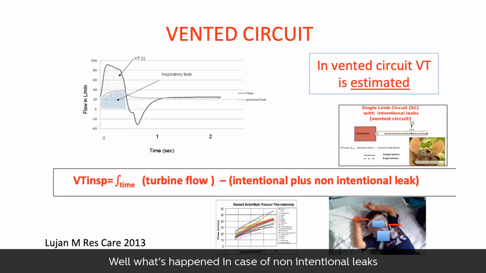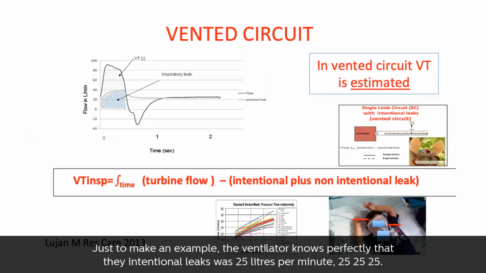Well, what happens in case of non-intentional leaks, for example, leak from the mouth? Well, it doesn't matter, because the ventilator knows very well the amount of intentional leaks, so it's able to sense also the amount of the unintentional leaks. Just to make an example, the ventilator knows perfectly that the intentional leak was 25 liters per minute, 25, 25, 25.